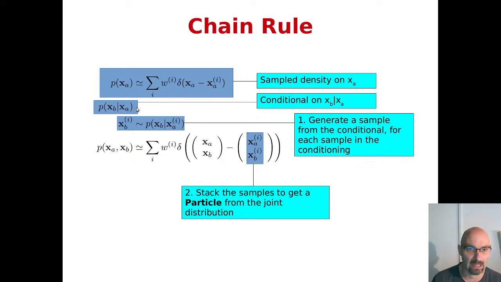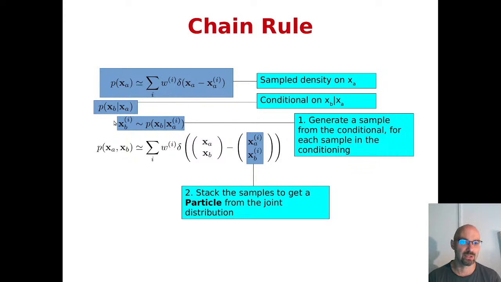Assuming that I am able to generate a sample from this conditional distribution, straightforwardly I could generate a sampled density of the joint distribution just by picking a sample and using it to generate a new sample of xb, because xa is known.